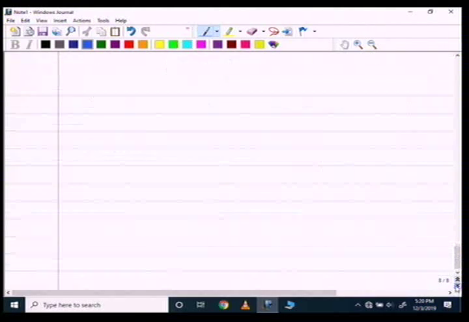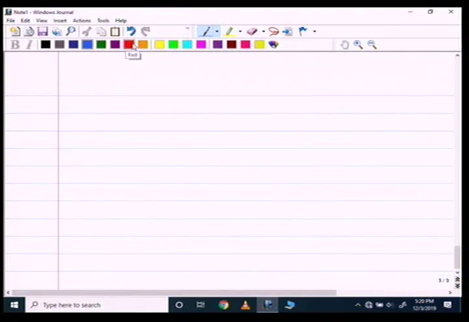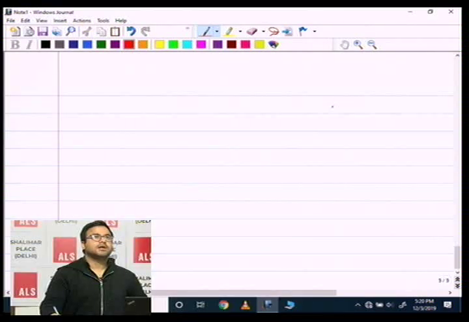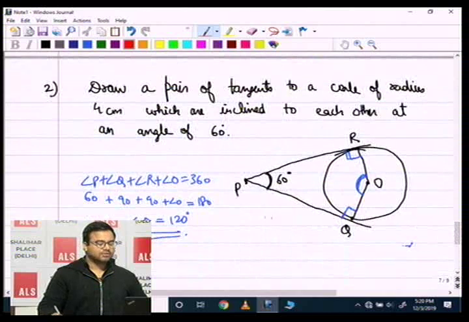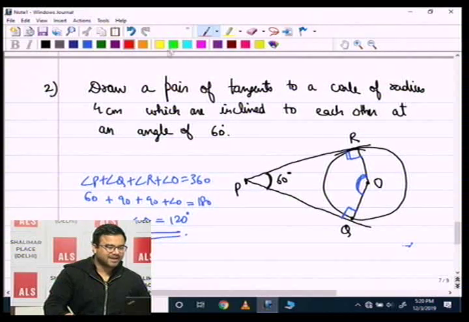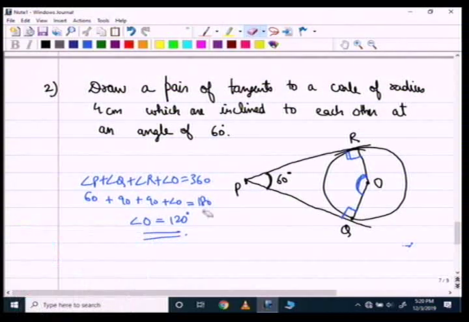Now in order to draw it, how can we draw? Now we know the rough diagram. So first, 360. Oh, sorry, here I have written it by mistake. This needs to be 360, sorry. This is 360. When we solve this one, we will get it.